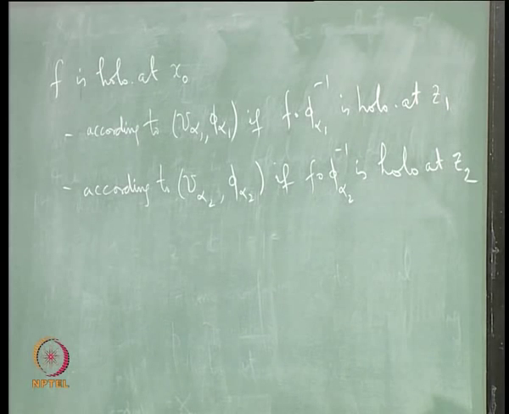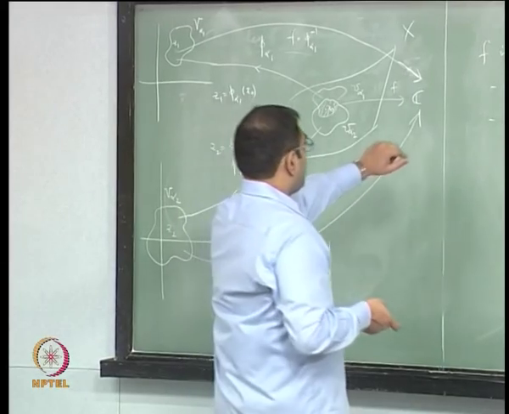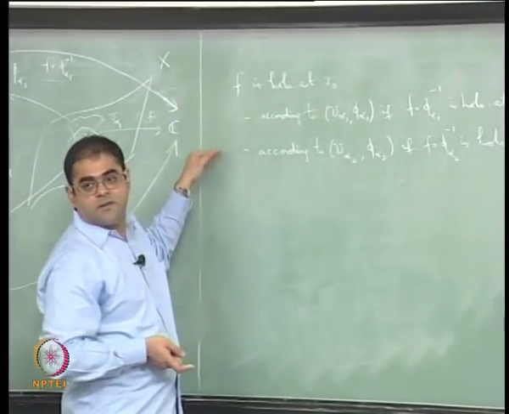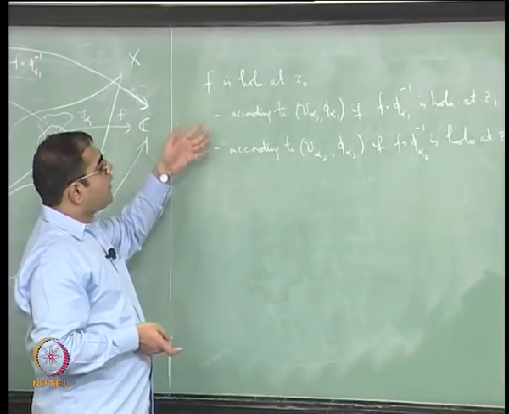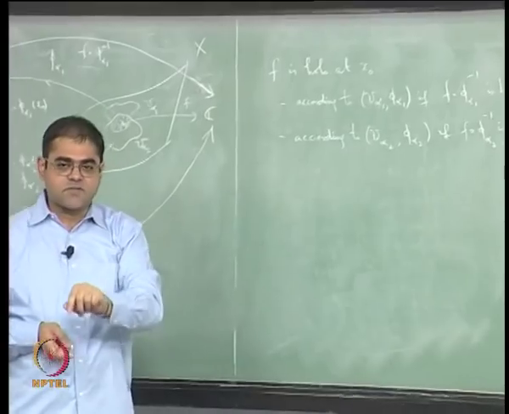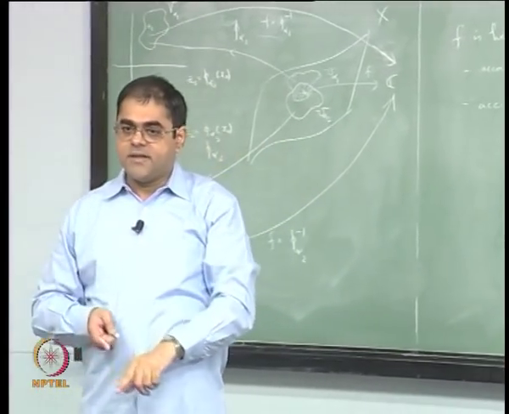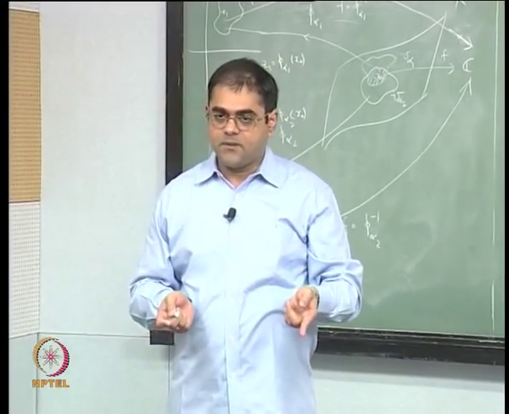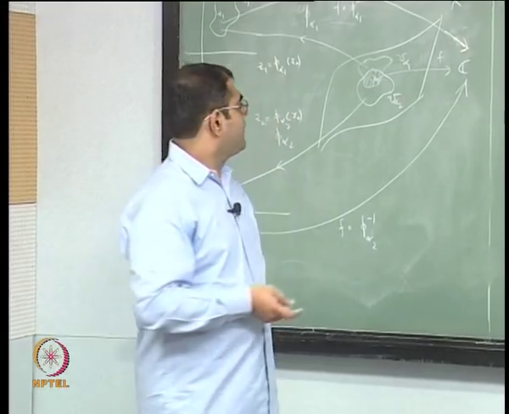You remedy the situation in the following way. I do not want the function to be holomorphic with respect to one chart at a point, and not holomorphic with respect to some other chart. So how do I avoid this?